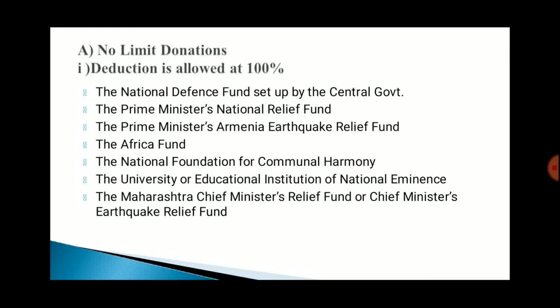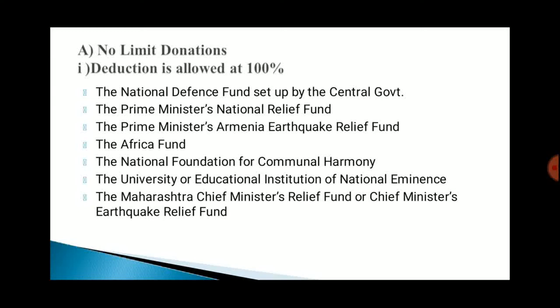Let us look at the first type of donation, that is no limit donations. Under no limit donations, we are going to see the first category, that is deduction allowed at 100%.